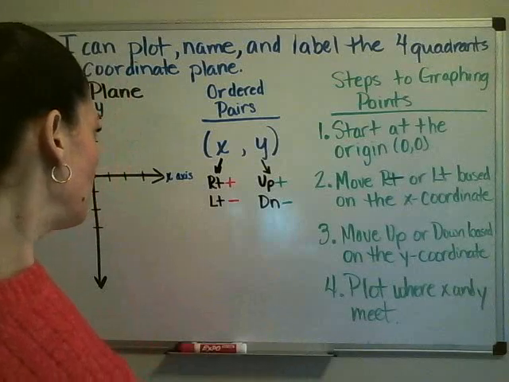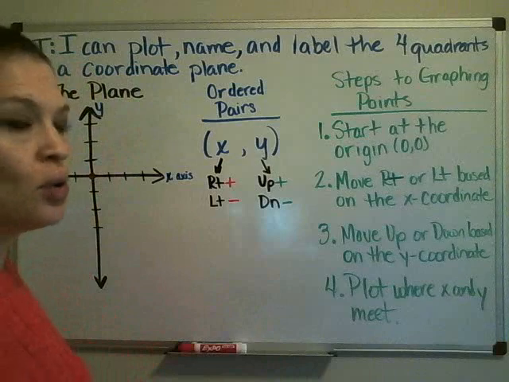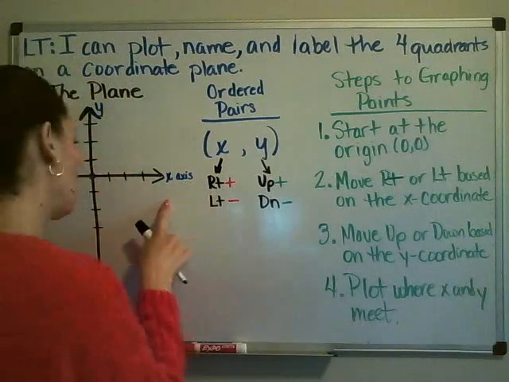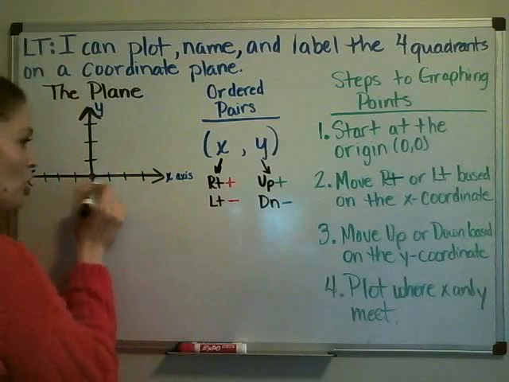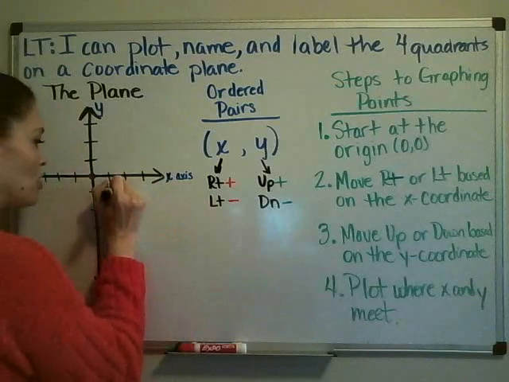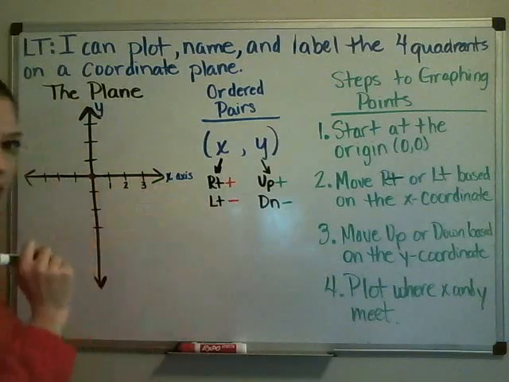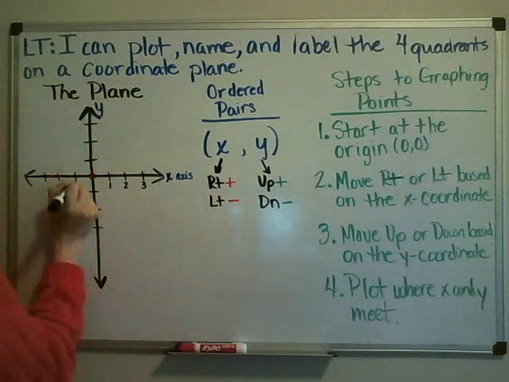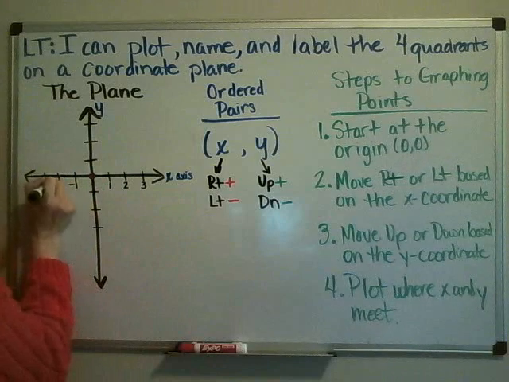So before we start, I'm going to put some numbers on my coordinate grid. If I'm at the origin and I'm going to the right, that's going to be positive 1, 2, 3. If I'm at the origin and I'm going left, that's going to be negative 1, negative 2, negative 3.